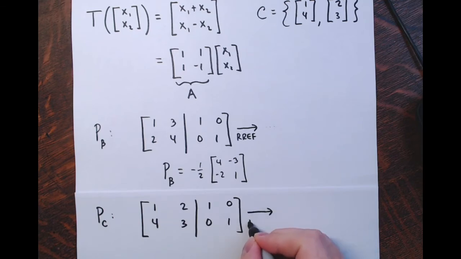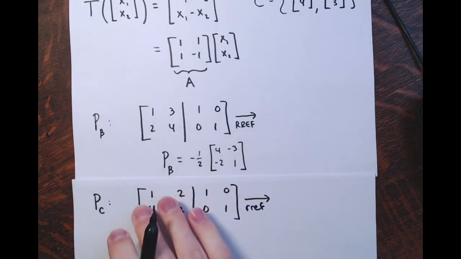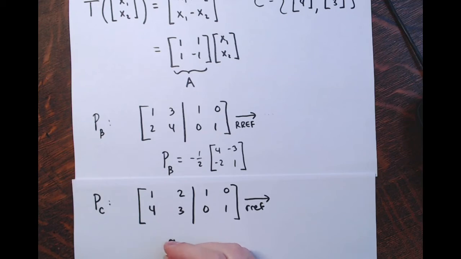And if I want to put it in reduced echelon form, I could, but again, this is only a 2 by 2 matrix. So we can see that PC is going to be what? This is 3 minus 8, so negative 5. So you get negative 1/5 times the matrix 3, 1, negative 2, negative 4. Okay, so there's the matrix PC.